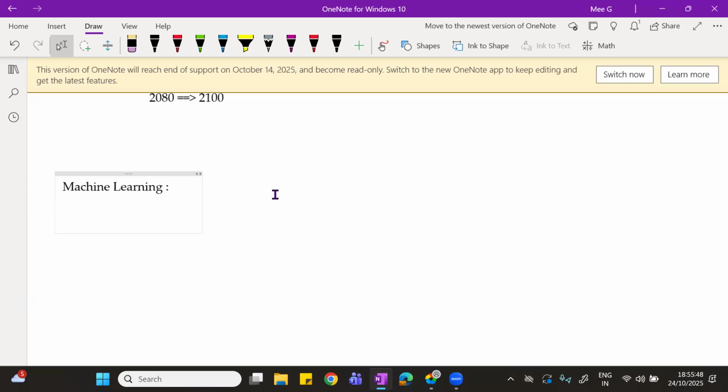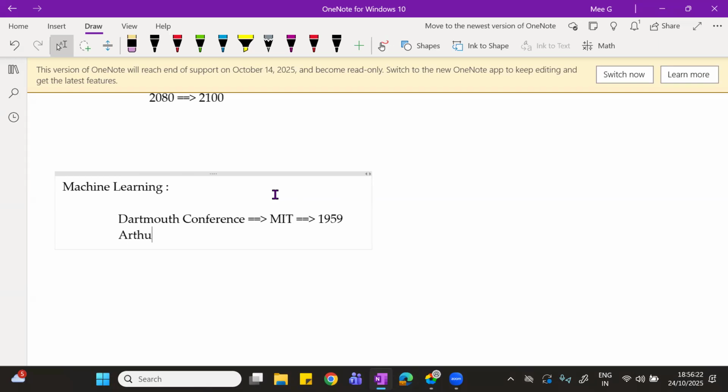And these AI-based applications are initially built using machine learning. Machine learning is the implementation of AI. Again, this concept, machine learning, was introduced at the Dartmouth conference of MIT in the year 1959.